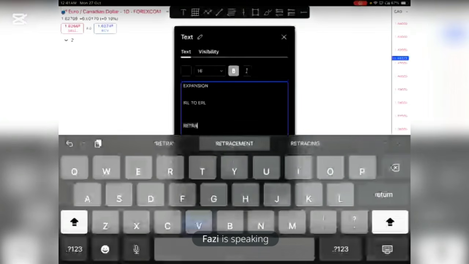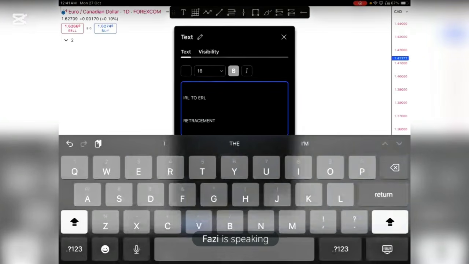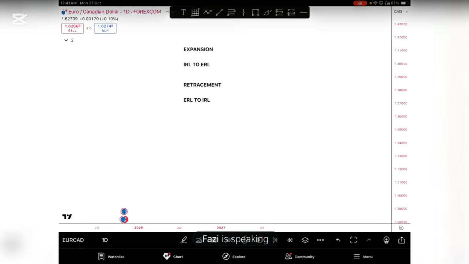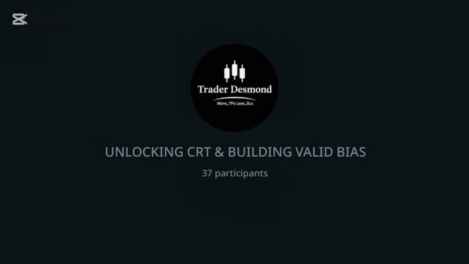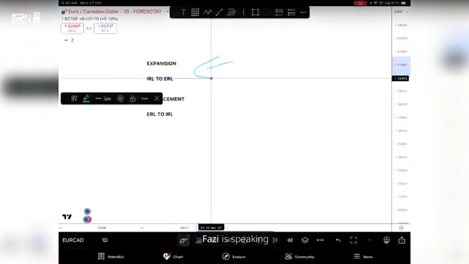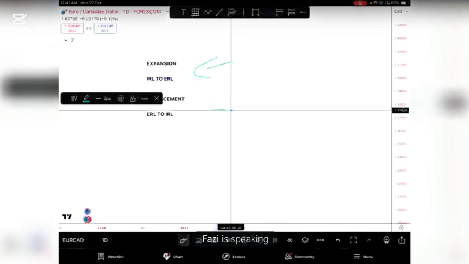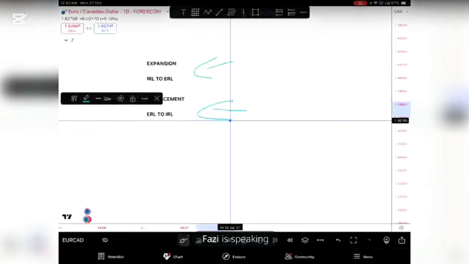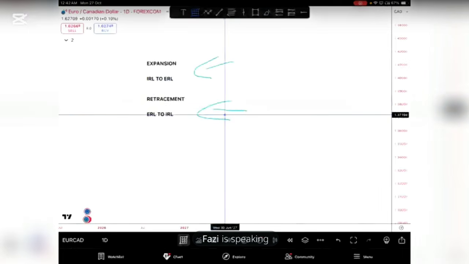If it is a retracement phase, the price moves from external range liquidity to internal range liquidity. Understand, guys? So in an expansion move, the price moves from internal range liquidity to external range liquidity. In a retracement move, from external range liquidity to internal range liquidity.